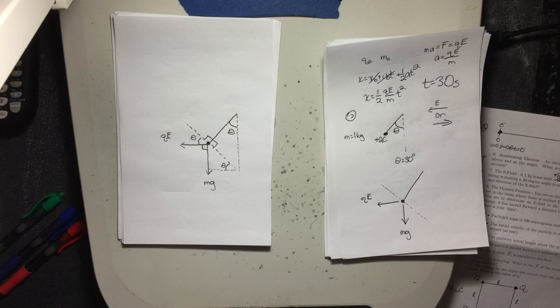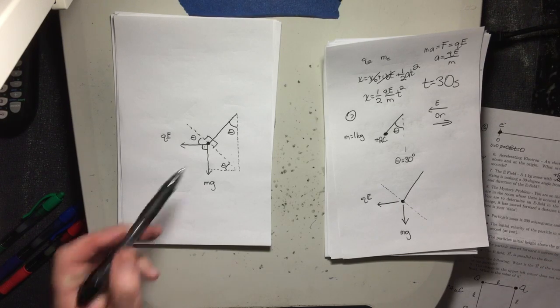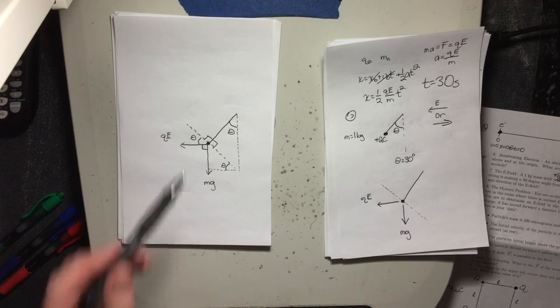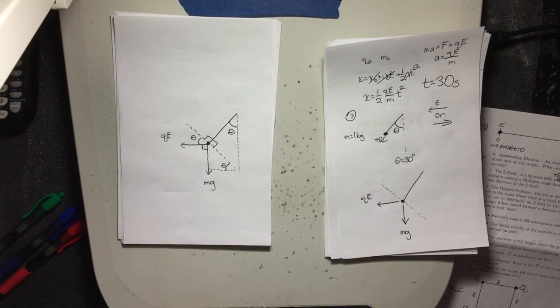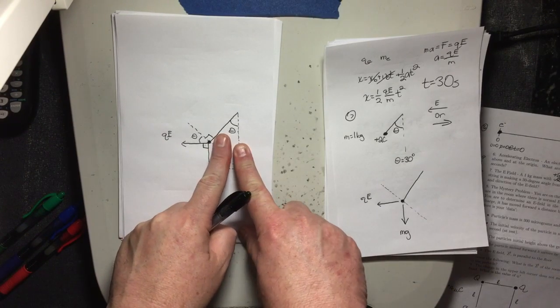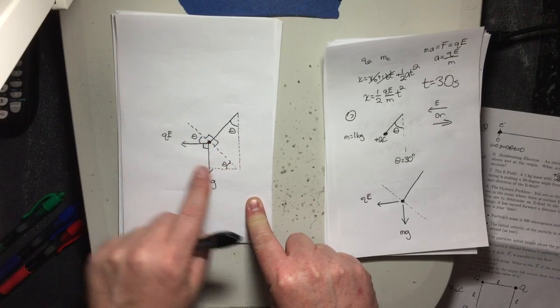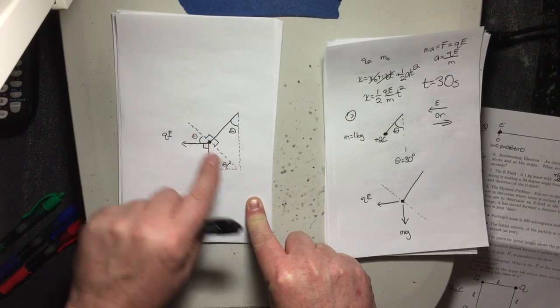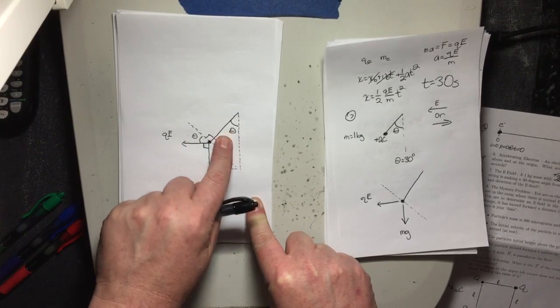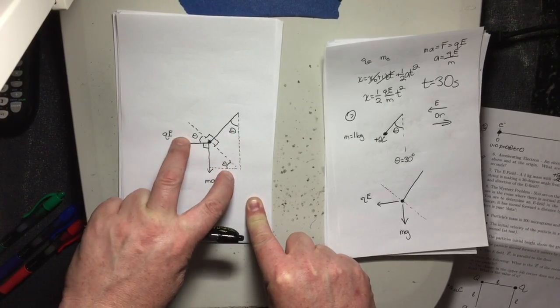This is not geometry class. You can kind of just wave your hands and say that that angle and that angle are the same. You can also argue with, think about this. As theta gets smaller, this line starts coming down. These two angles will decrease. As theta decreases, those angles decrease.